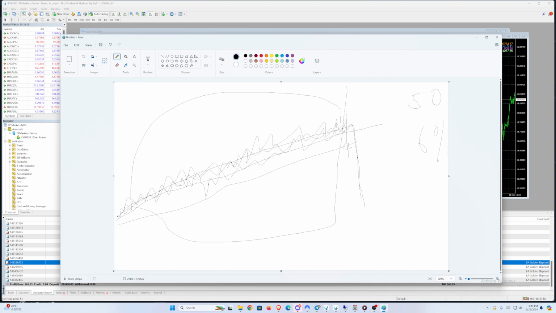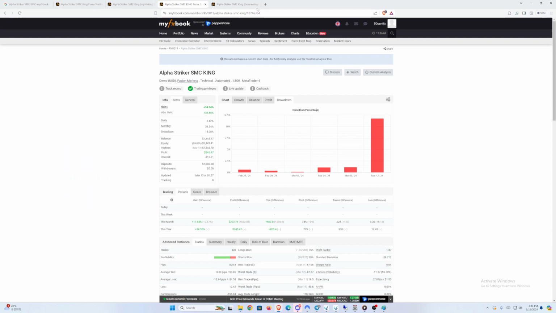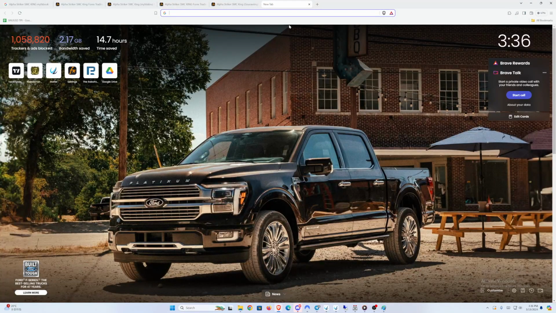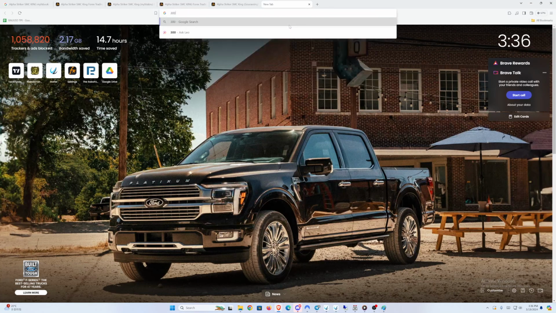So now we are at $3,000, and we hit a 6% drawdown from $3,000. So we gained from $1,000 to $3,000, and from $3,000 we did a 6% drawdown. How much is that? Times 0.94.